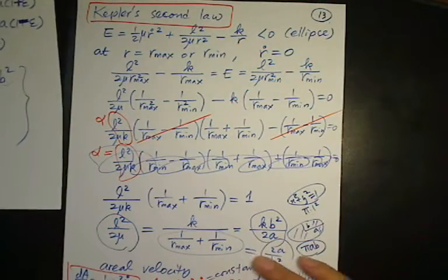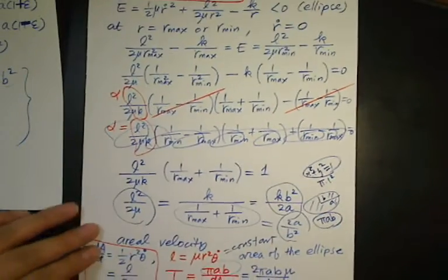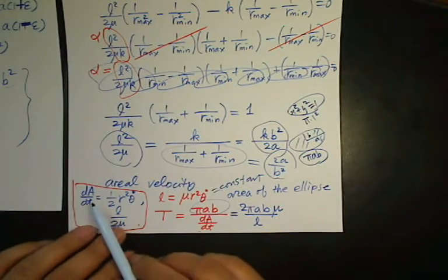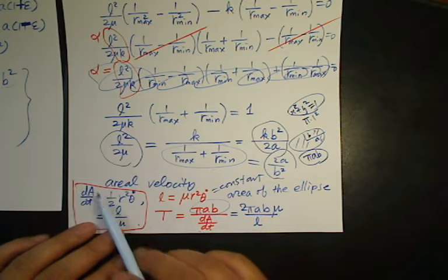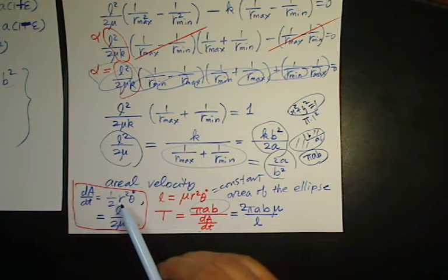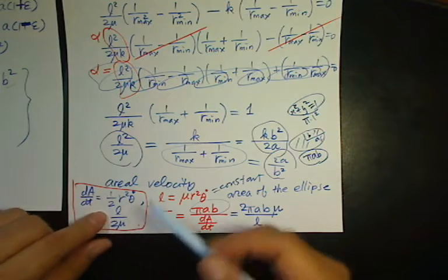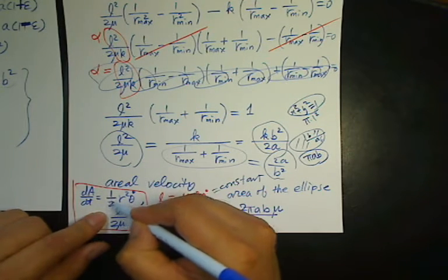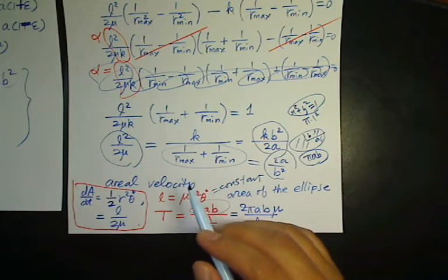Kepler's second law is about the area velocity. Area velocity is the time rate of spanning the sector.